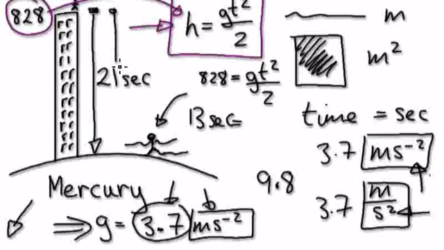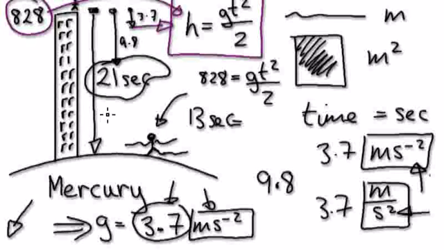So on Earth it's 9.8, and on Mercury it's only 3.7. So the pull will be weaker, so it would take longer. On Mercury it would take 21 seconds.